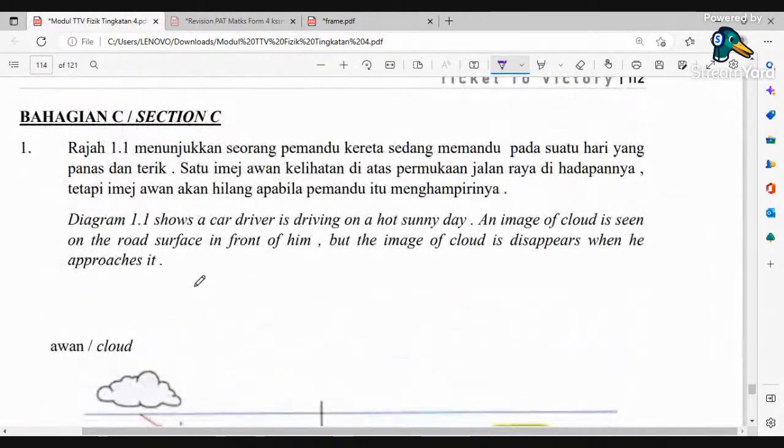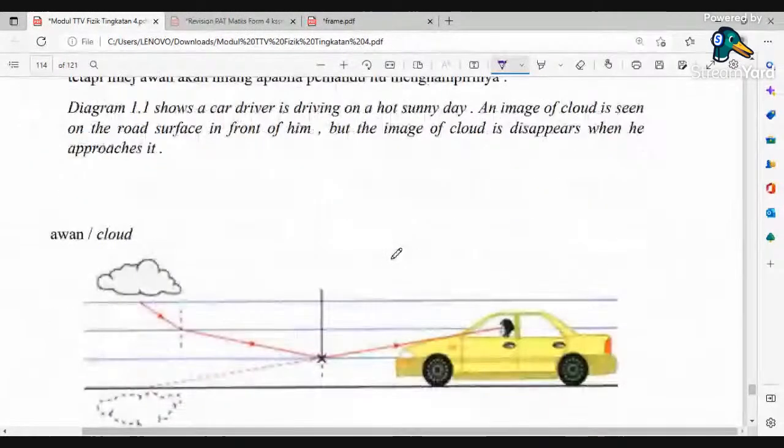Okay, number 1, diagram 1.1 shows a car driver driving on a hot sunny day. An image of cloud is seen on the road surface in front of him, but the image of cloud disappeared when he approaches it. Ini panggil mirage.